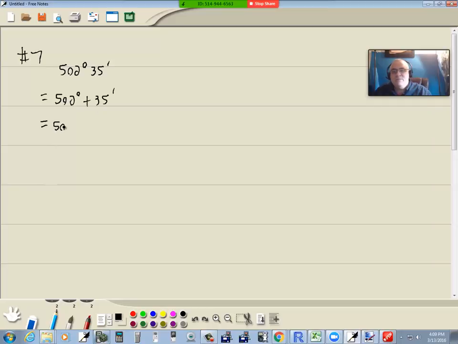Again, using dimensional analysis, I'll put the 35 minutes over 1 to create a fraction. Whatever unit is up here has to be down here, so I put minutes down there, and this would be degrees. We know 1 degree is equal to 60 minutes, so the minutes cancel, and it looks like I'm going to divide by 60.